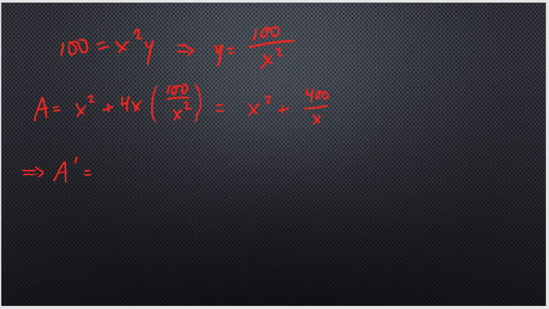So the derivative here, A prime, is 2x, and then 400 divided by x is the same thing as 400 times x to the power negative 1. So when you differentiate, you're going to get a negative 400 divided by x squared. Set this equal to 0.